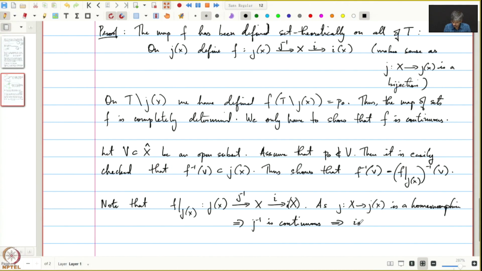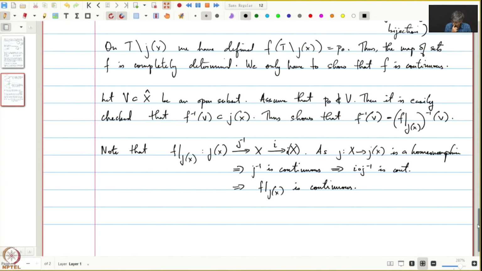This implies that I composed with J inverse is continuous. So this implies that F restricted to J of X is continuous. Combining these, we get that F inverse of V is equal to F restricted to J of X inverse of V, which is open. So thus if P0 does not belong to V, then F inverse of V is open.